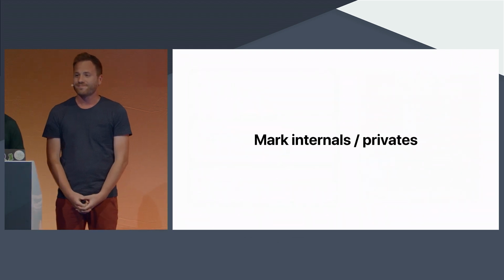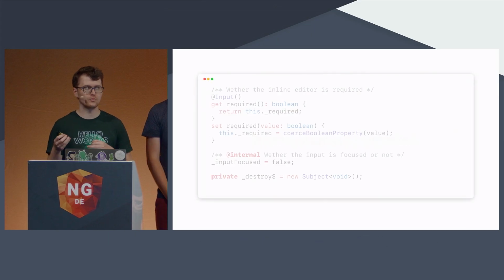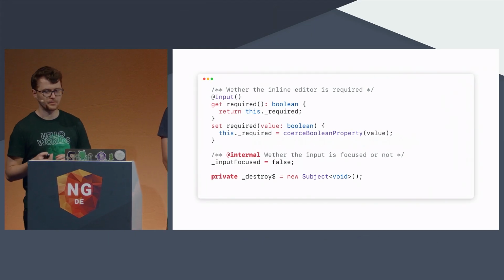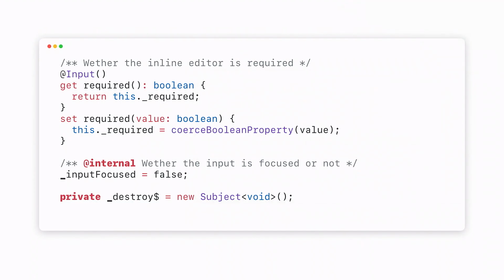In addition to prefixing everything that goes public, we mark internal and private properties and prefix them with an underscore. So what do we mean by internal? By internal, we mean those properties that you have to make public because you're using them in your own templates, but you don't want to expose them as part of the public API of your component.